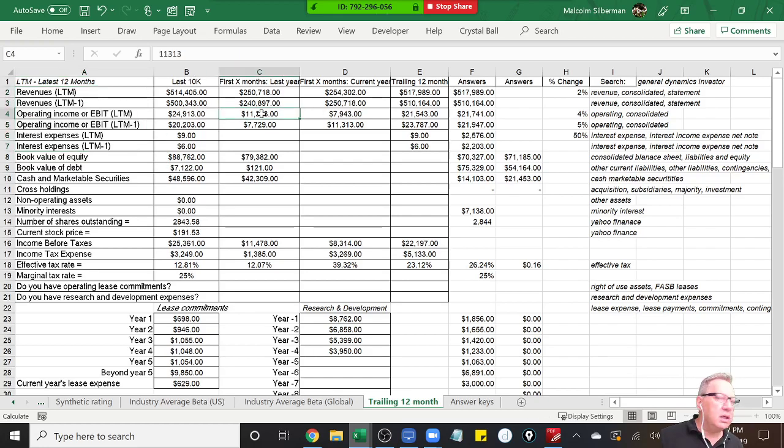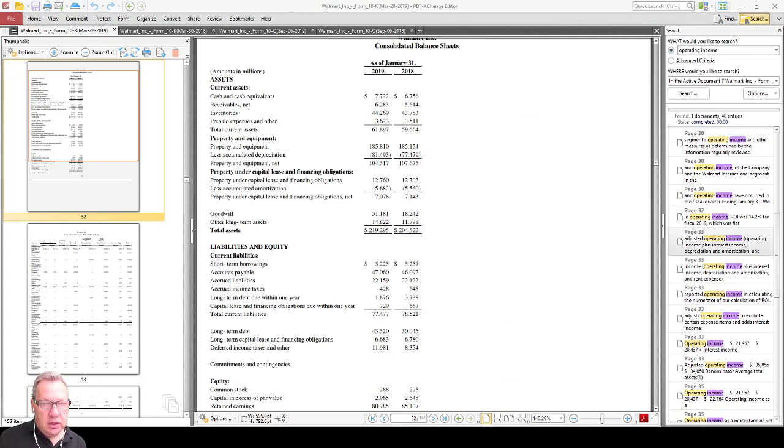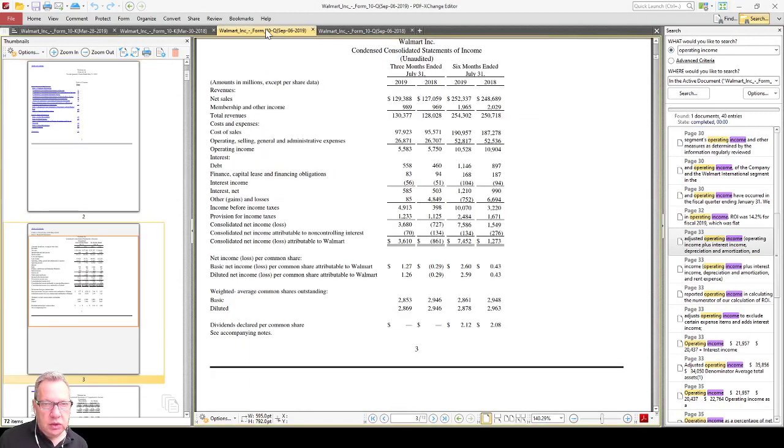So we are now looking for these numbers over here. Again, we'll come to our 10Q, and this is the 10Q for the 6 months ended July 31st.